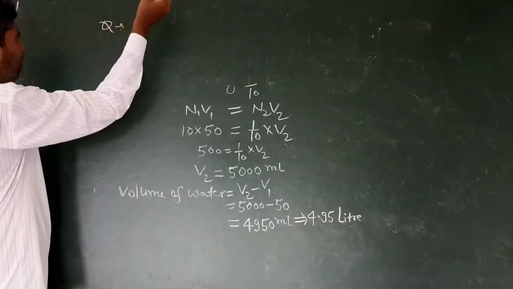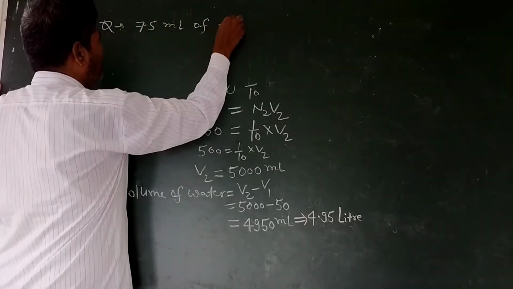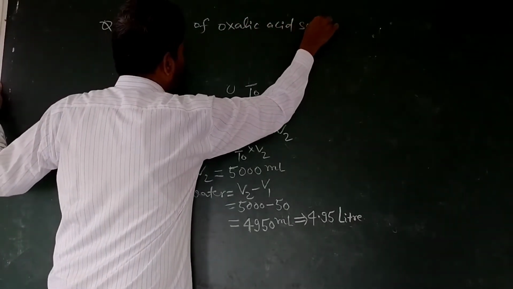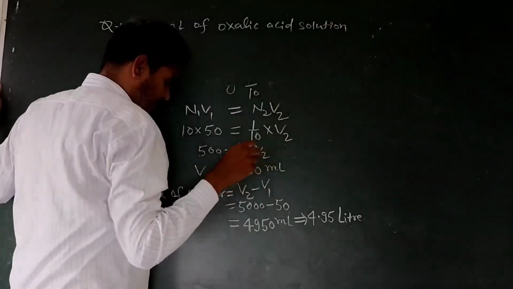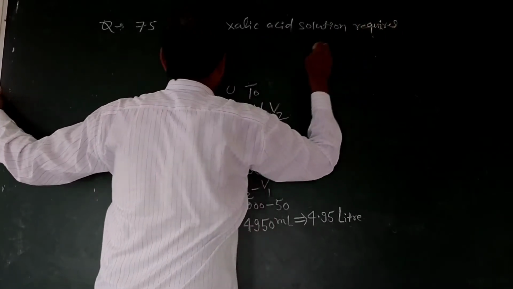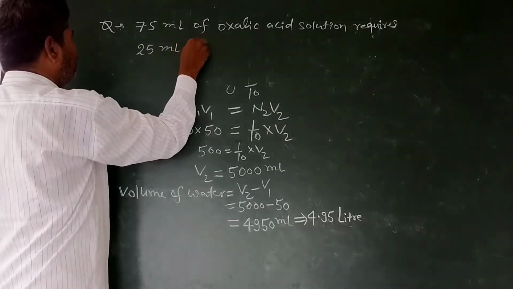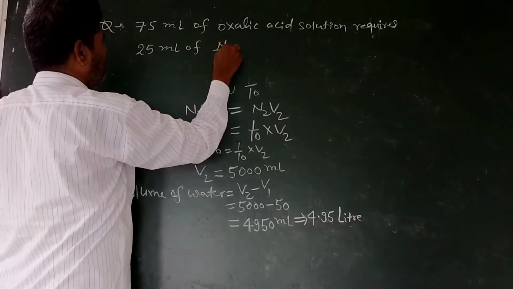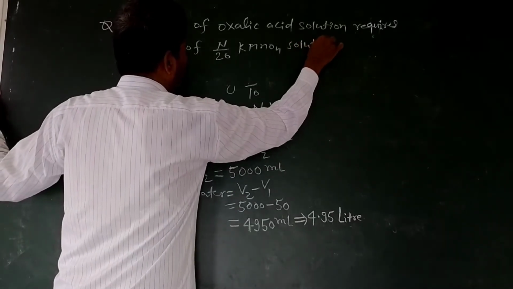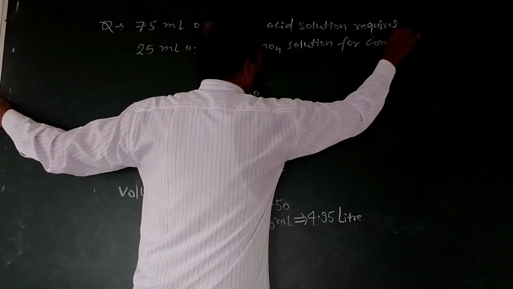Question. 75 milliliter of azelaic acid solution requires 25 ml of N by 20 potassium permanganate solution for complete oxidation.